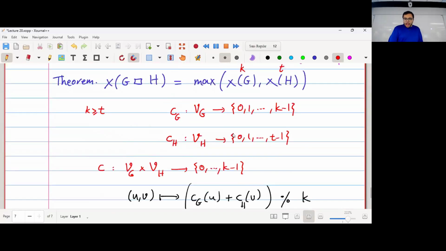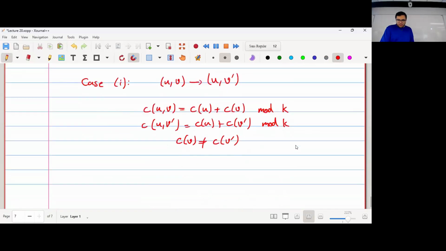Okay, and by the way, here when I'm looking at the colorings, I said that k is bigger than t. So I can imagine that this one is also mapping to all the colors up to k minus 1. Right? I'm just extending the codomain here so it works.